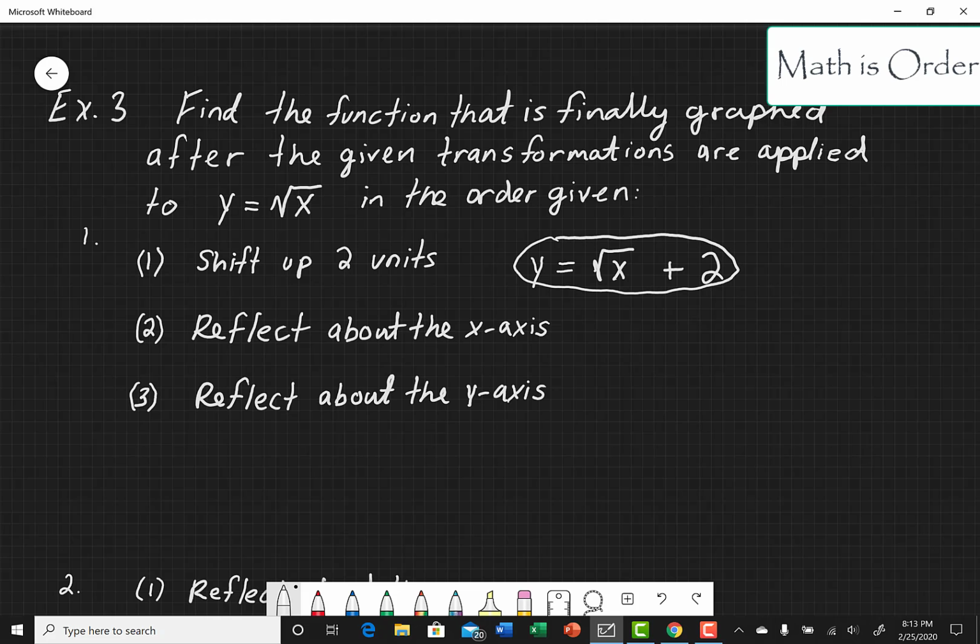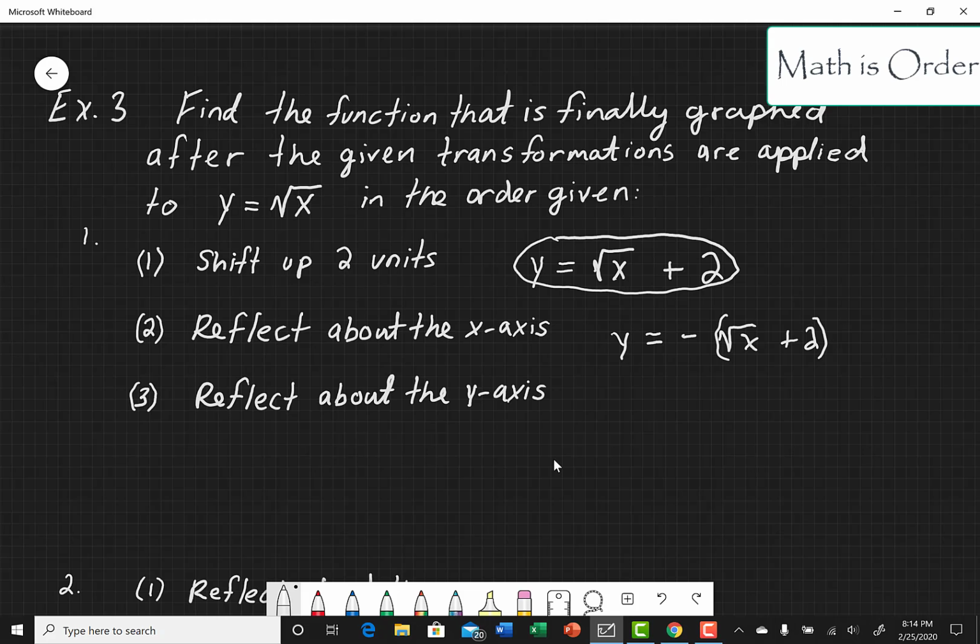And then next, when you take this same function and now reflect it about the x-axis, it means you're going to multiply that function by negative. So I'm taking whatever that function was, square root x plus 2, and I'm multiplying it by a negative.